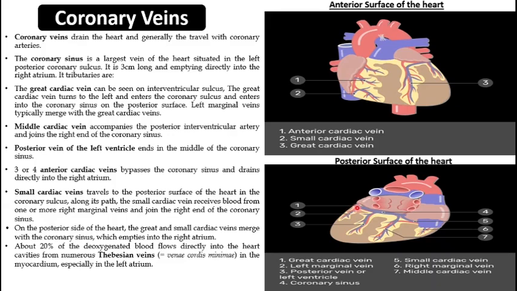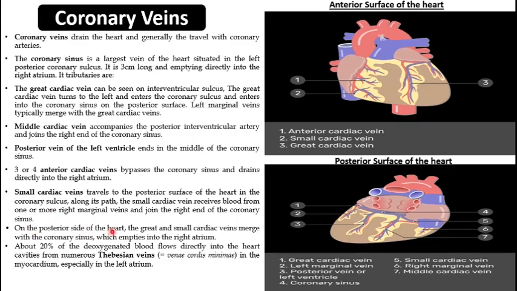The small cardiac vein receives blood from one or more right marginal veins and joins the right end of the coronary sinus, which we have discussed previously.